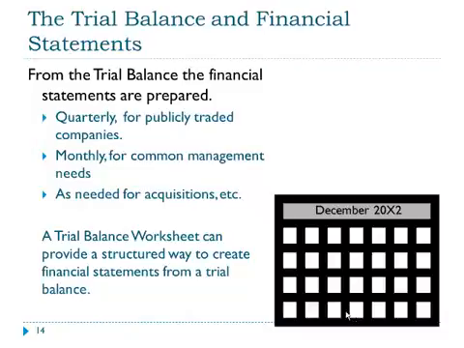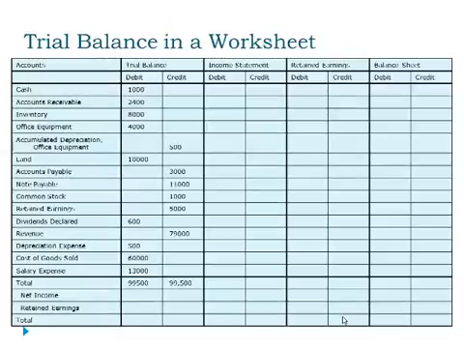We're going to take a look at putting a trial balance into a worksheet format so that it's handy to use to create financial statements. So the trial balance that we looked at before has now been applied into a worksheet format in which we have a list of all of the accounts in order of assets and then liabilities and owner's equity.